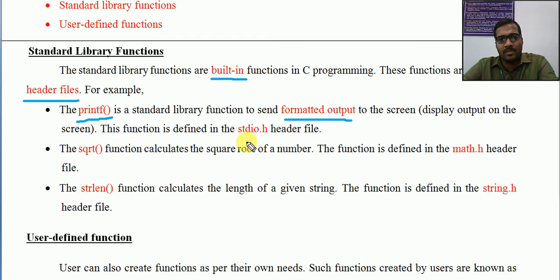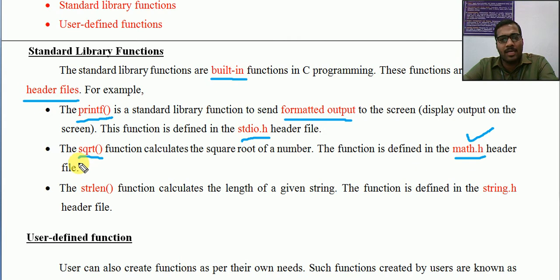It is present inside the header file called stdio.h. Similarly, I have another function called sqrt, that is square root, for finding the square root of a number. This function is also there in the header file called math.h. That is another header file, and within it we have some mathematical functions available.